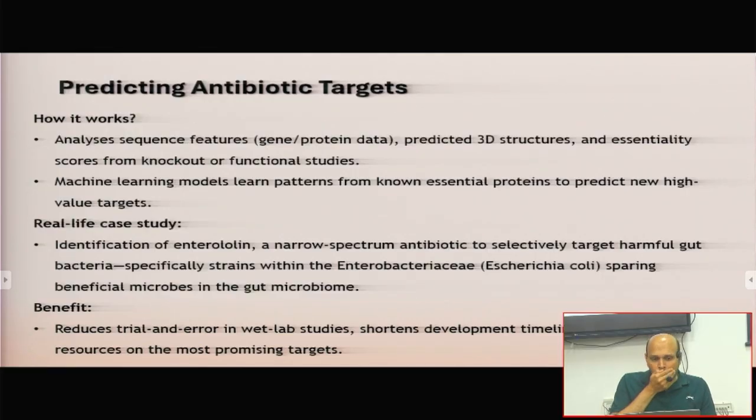So this is a compound, enterololin, a narrow spectrum antibiotic that was identified against certain pathogenic strains or certain pathotypes of E. coli. So it will target only those pathotypes. Can read more on that. So benefit is reduces trial and error in wet lab studies, shortens development timelines, and focuses resources on the most promising targets.